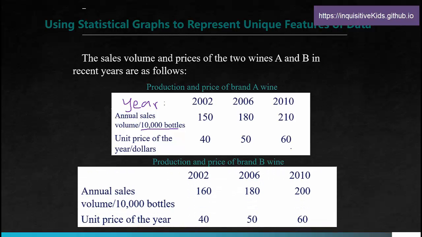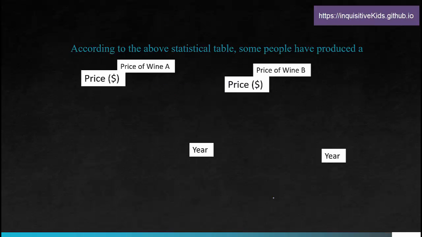Production and price of brand B wine. Here we see the same table, except this is brand B. This is also the year up here, 2002, 2006, 2010, and the volume per 10,000 bottles is 160, 180, 200. And we have the unit price of the year, 40, 50, and 60.